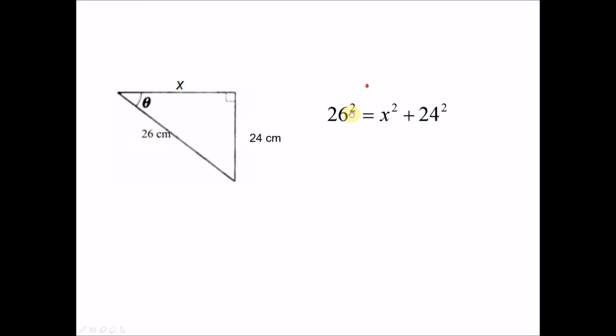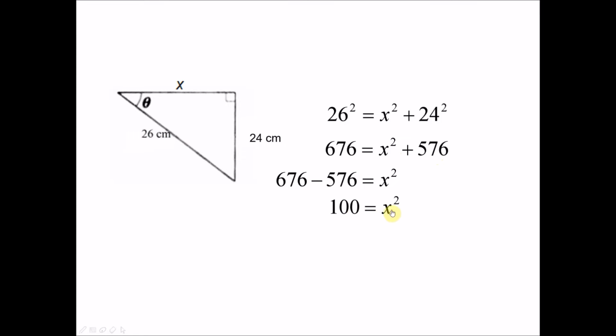So 26 squared, the length of the hypotenuse squared, equals the square of this plus the square of this side. So we find the values, we bring this to the other side, you get this. We subtract this, you get 100. To find x, we square root 100 and we get x equals 10 centimeters.